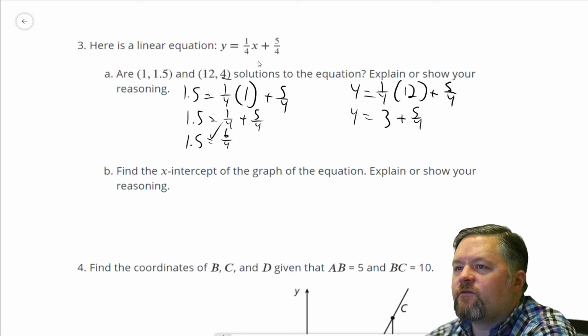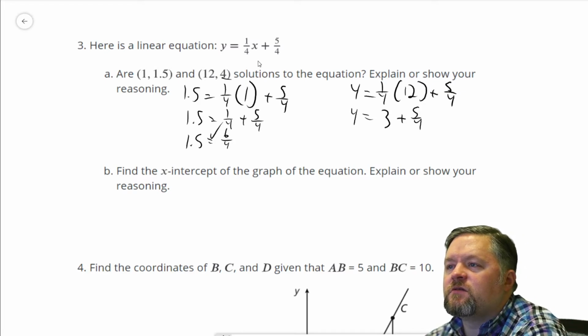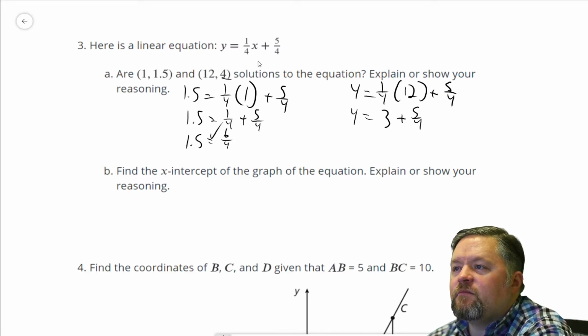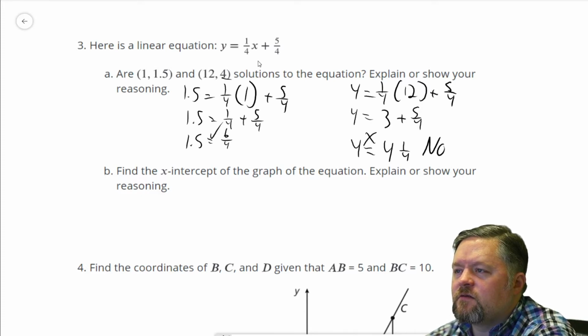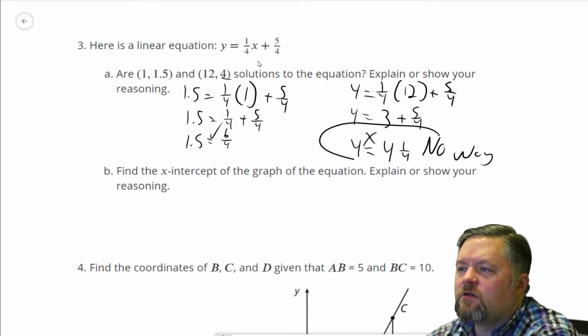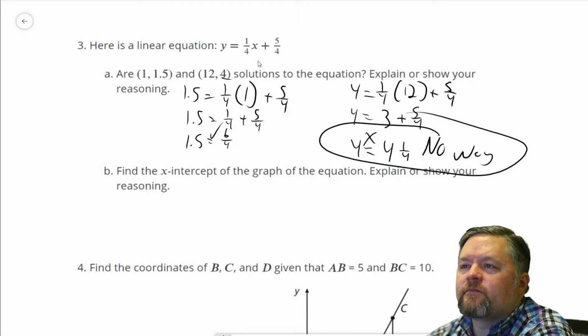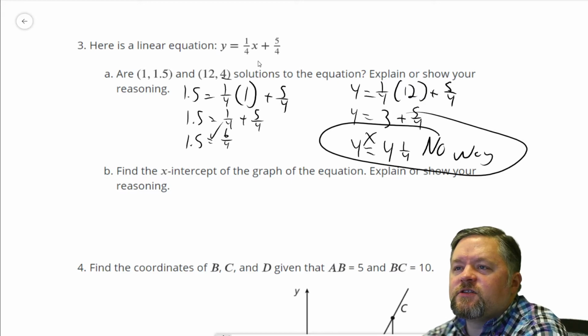Plus 5/4. 3 plus 5/4 is 4 and 1/4, so 4 equals 4 and 1/4. That doesn't work. No way. Are they solutions to the equation? The first one is. The second one is not.